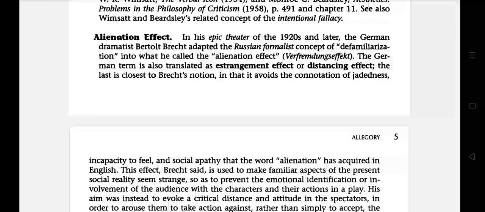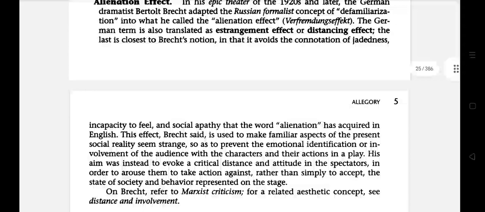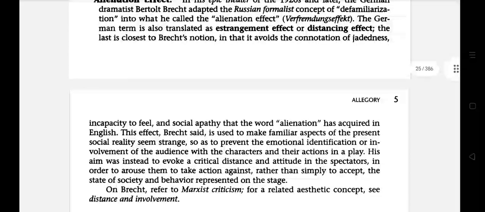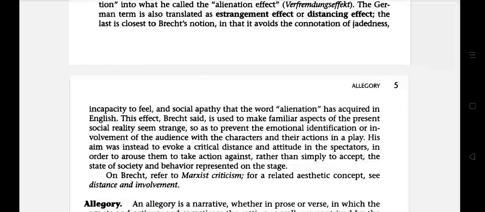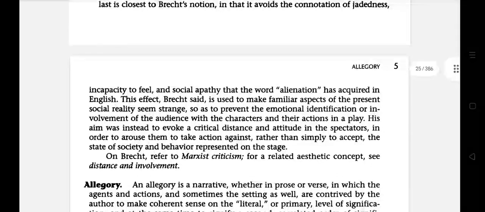The German term is also translated as estrangement effect or distancing effect. The last is closest to Brecht's notion in that it avoids the connotation of dejection, incapacity to feel, and social apathy that the word alienation has acquired in English.